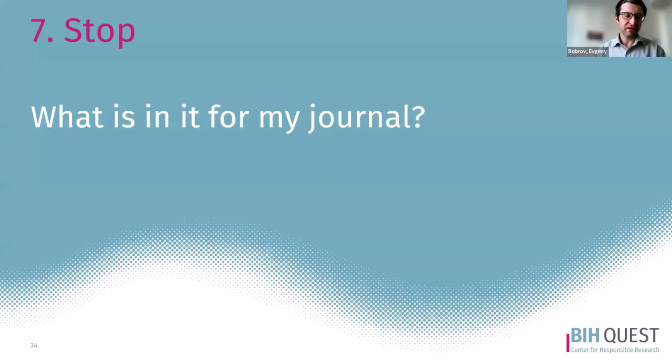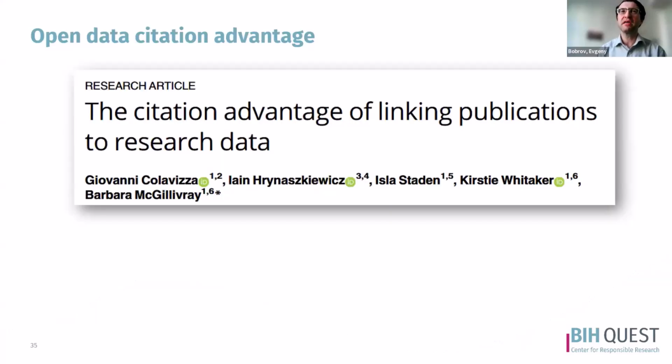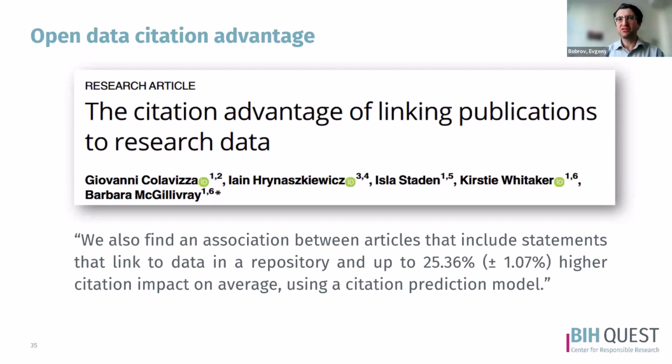And in the last brief section before I come to the summary, I would like to highlight two things which might also be relevant to you from a general perspective. So actually, it has been now shown repetitively. Just today, actually, there was a new preprint which again looked at this and found it. So there is a robust open data citation advantage, which means that there is a correlation between the sharing of underlying data sets and the citation counts that a research article receives.